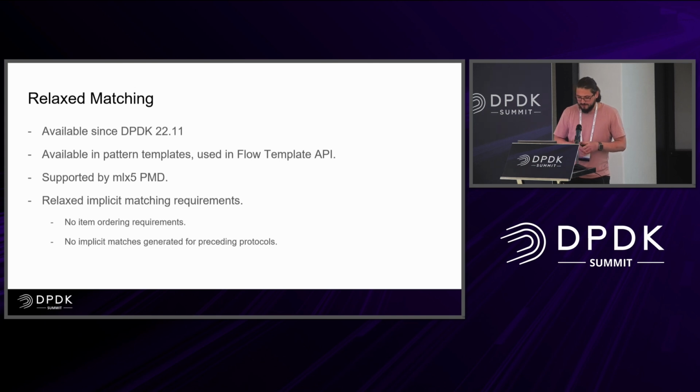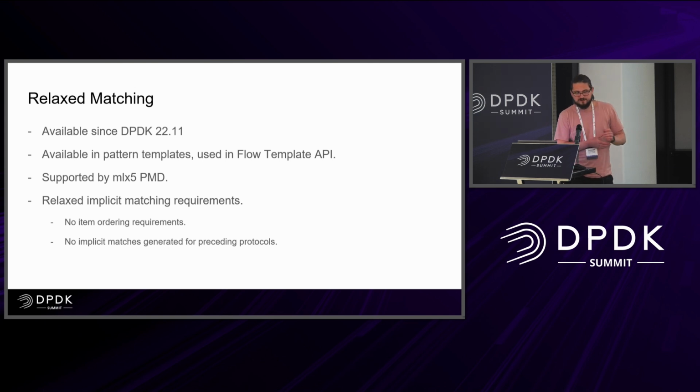In the template API I can provide the pattern template, which describes what I want to match on. By specifying that this pattern template is relaxed, I lift the requirements of the normal Flow API. So there are no assumed ordering limitations, and most importantly, there are no implicit matching limitations.